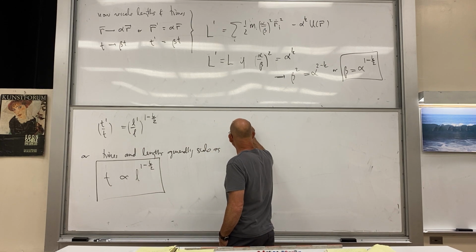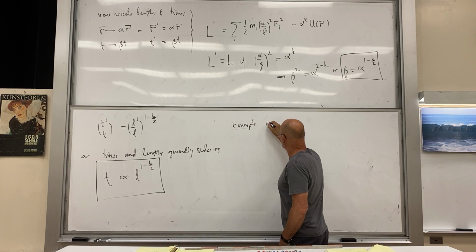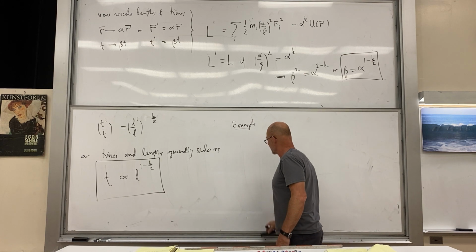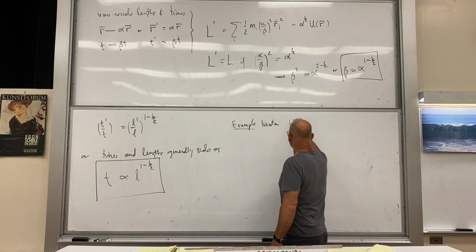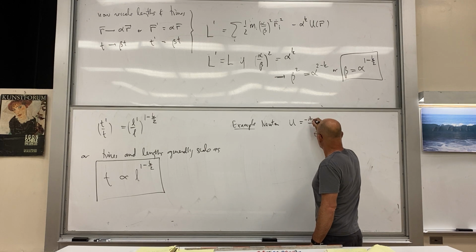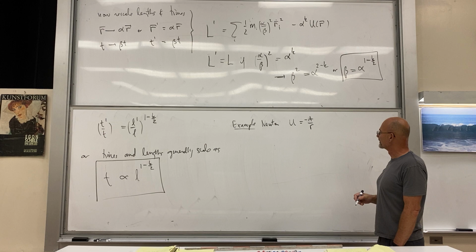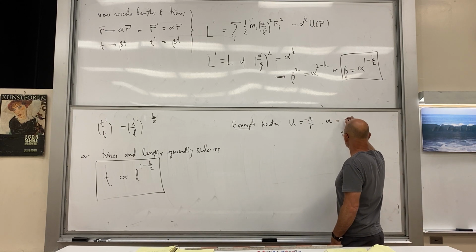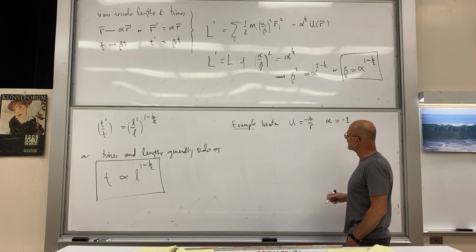Since we had that Newton potential to begin with as my example, so we're talking about gravity, U is equal to A over R. What did we say? K is equal to minus 1 for the scaling there.